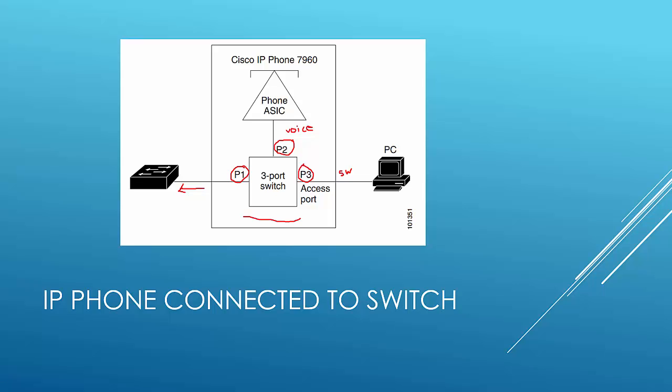In my scenario, I have a 2960 switch with 8 fast Ethernet ports and 2 gig ports. This switch is connected to a router for the CME configuration, Cisco Communications Manager Express.